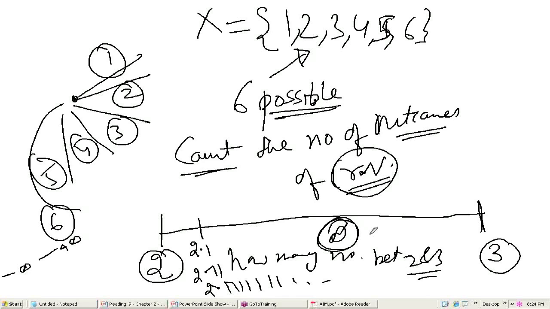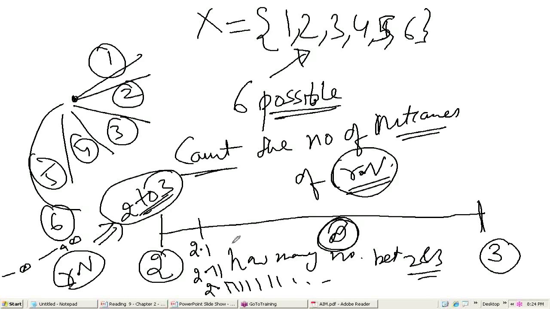So we cannot count the numbers between 2 and 3. Let's say you have a random variable which takes any value between 2 and 3. It can take 2.1, 2.11, 2.111111, any value.